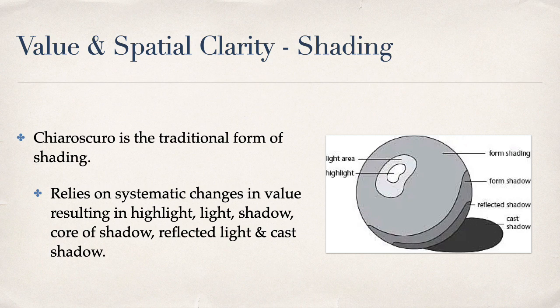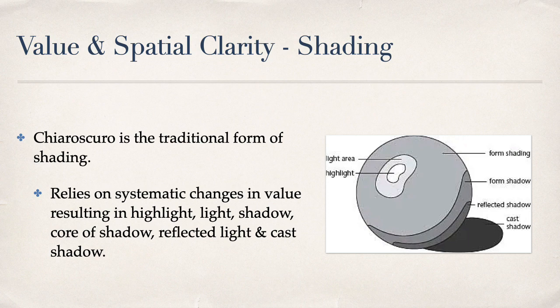Light and shadow are the intermediate values that define the areas between the highlight and the core of the shadow. Core of shadow is the most concentrated area of darkness. Reflected light is the light that is bounced back from nearby surfaces.